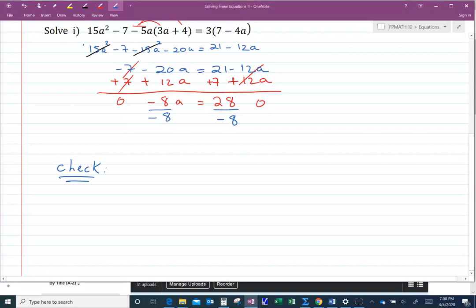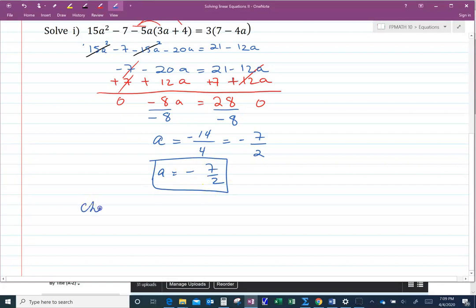Divide both sides by minus 8, so a is equal to 14 over minus 4, just reducing it one step at a time. Divide both sides by 2, top and bottom. So your final answer is minus 7 over 2.